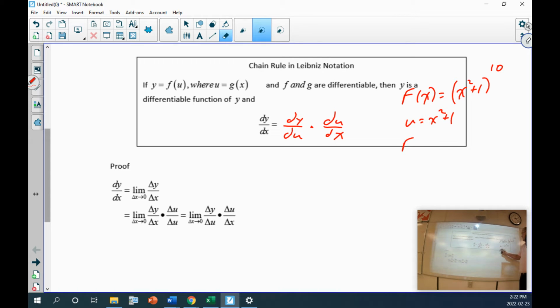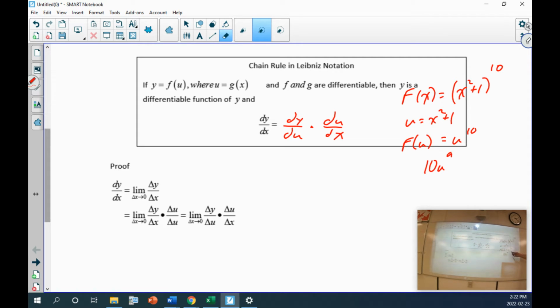So now we have f at u is equal to u to the 10. So we can replace x squared plus 1 with u. So what's the derivative of this? 10u to the power of 9.